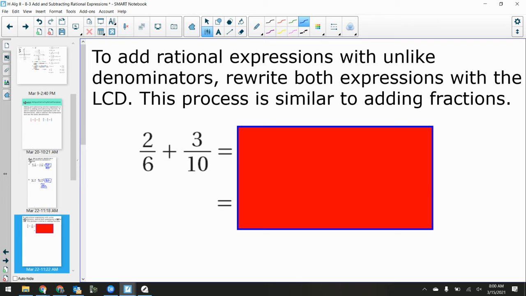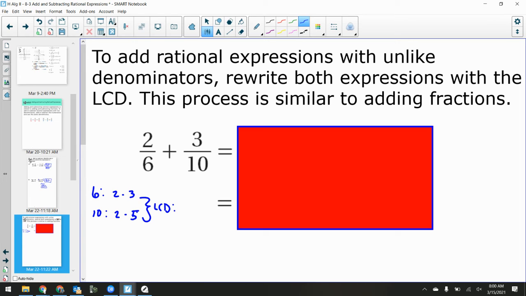How do you get 30? Here's what I try to encourage you to do. The prime factorization of 6 is 2 times 3. The prime factorization of 10 is 2 times 5. You have to have all factors represented.